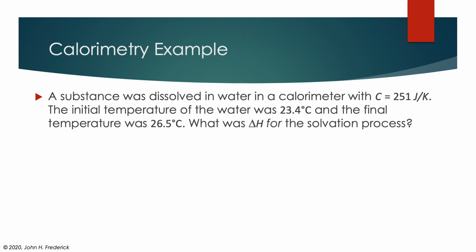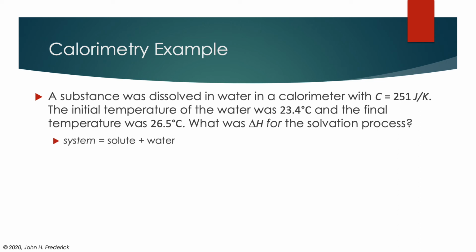A substance is dissolved in water in a calorimeter, and the calorimeter has a heat capacity of 251. The initial temperature of the water is 23.4, its final temperature is 26.5. So what we want to learn is what was the enthalpy change for this solvation process. The solvation is the dissolving process of this substance in water.